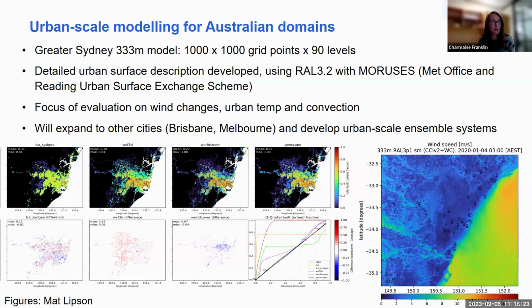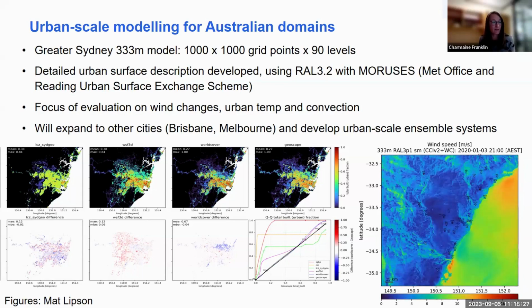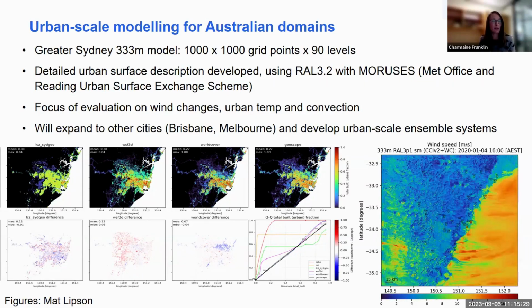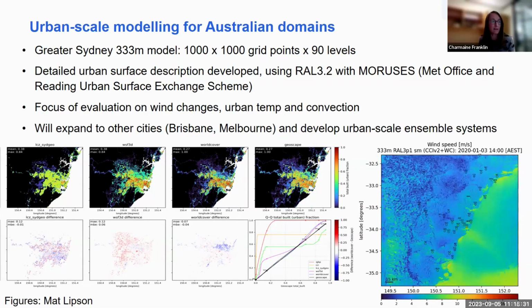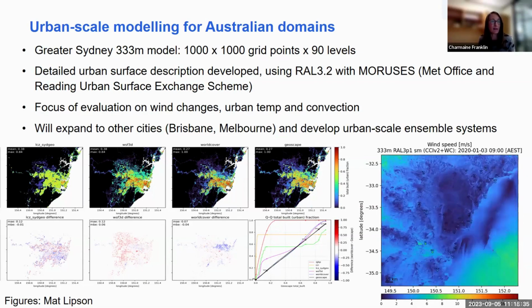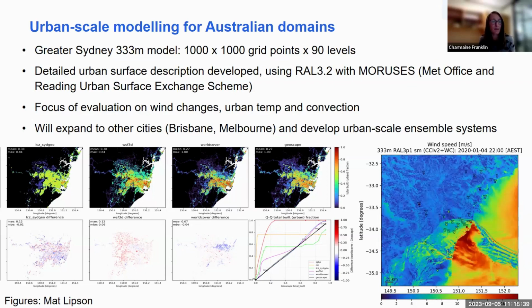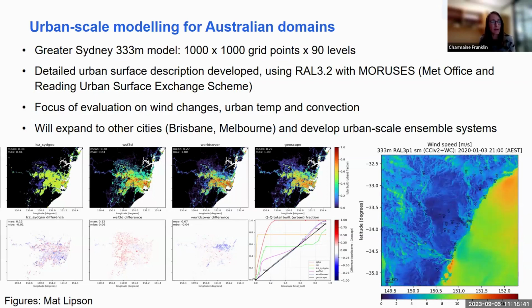So the plot on the lower left there is showing what different globally available data sets look like when you're trying to represent the urban fraction for the Sydney region. And so what we've found is that many of those globally available data sets actually overestimate the urban fraction for Australian cities. But there's a new data set called WorldCover that's available.